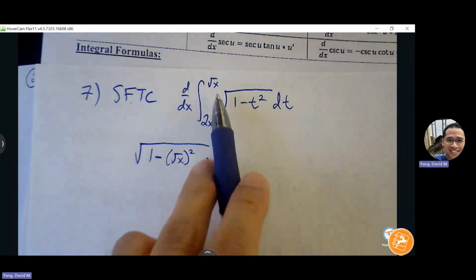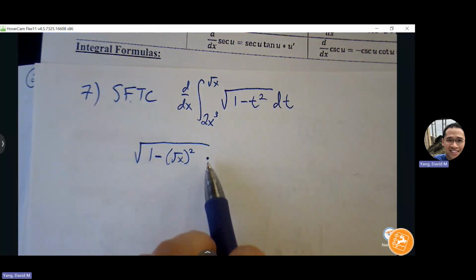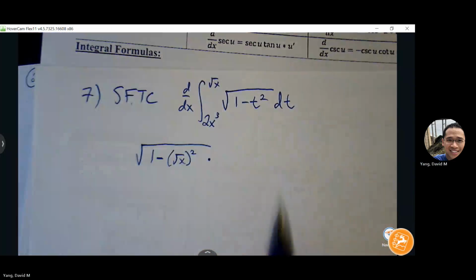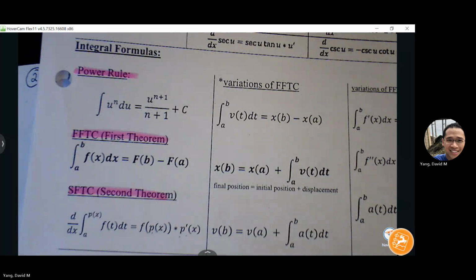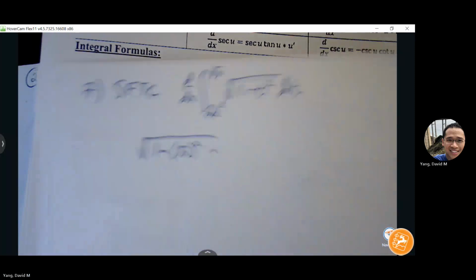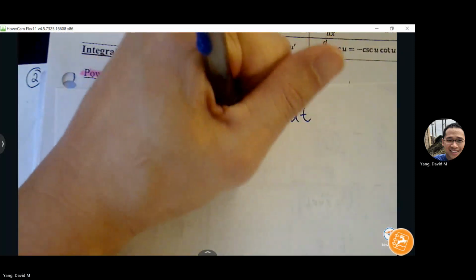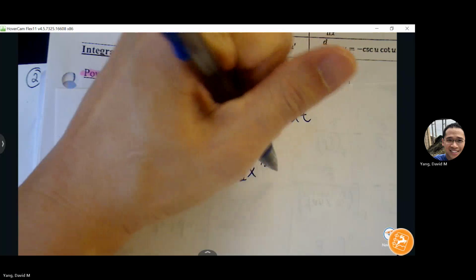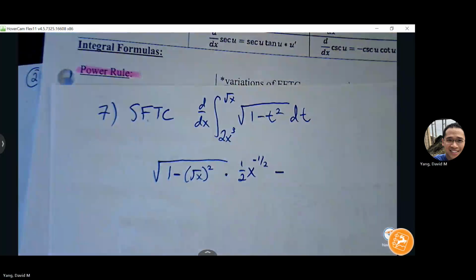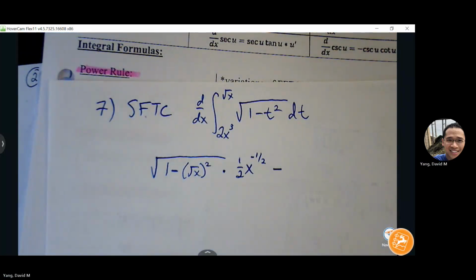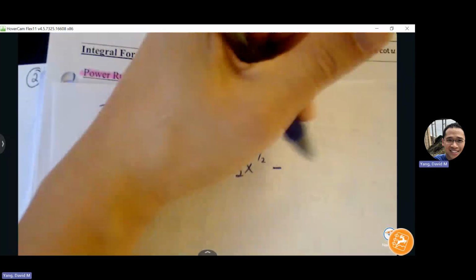So f of p of x, upper bound into the expression, multiplied by, yeah, we got to find the derivative of that upper bound, right? That p prime. Minus, repeat the process for the lower bound.